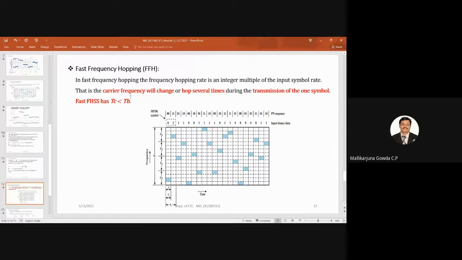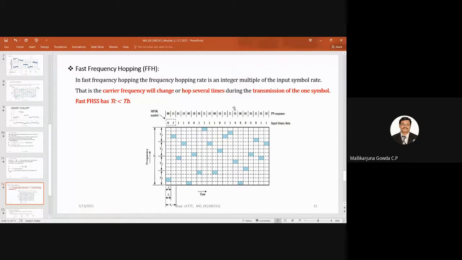This is the very important sentence you need to take for this fast frequency hopping system.